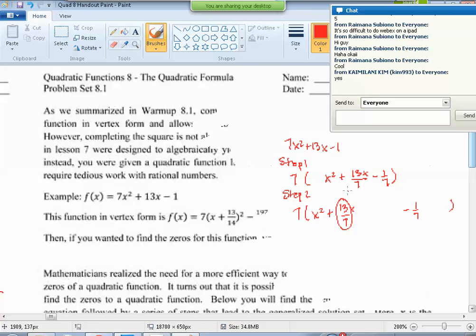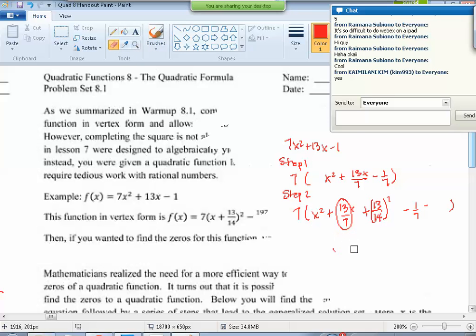So that's 13 over 14 squared. That's what I want to add. So I'm going to add 13 over 14 squared, and by the way, I'm going to subtract it. What is 13 over 14 squared? Do you guys have a calculator?